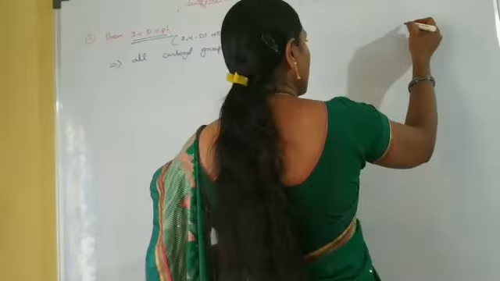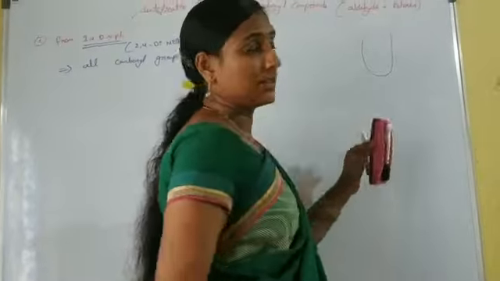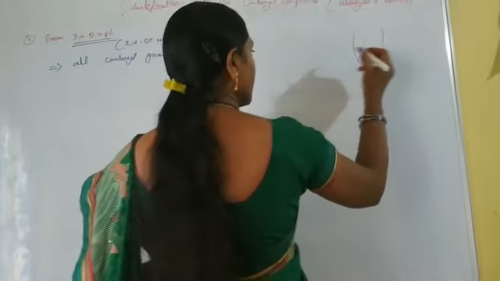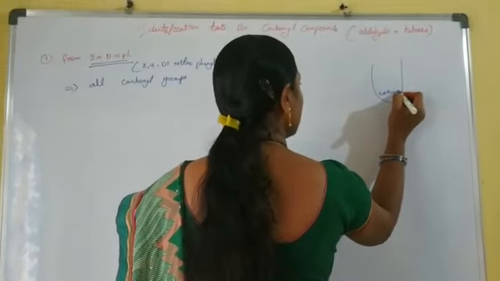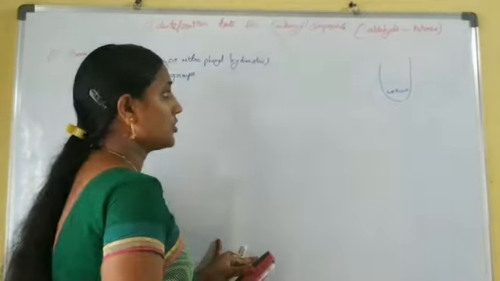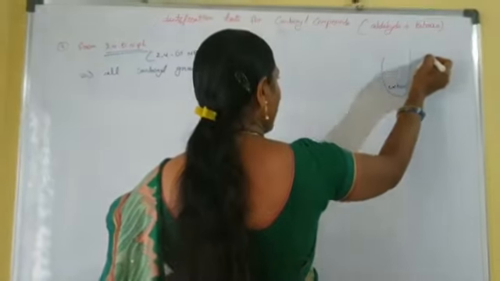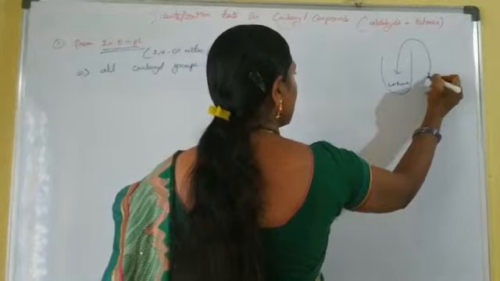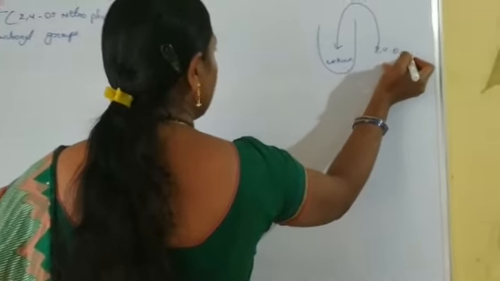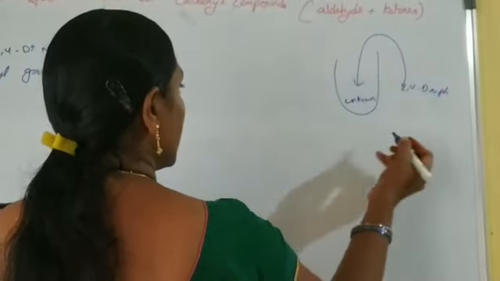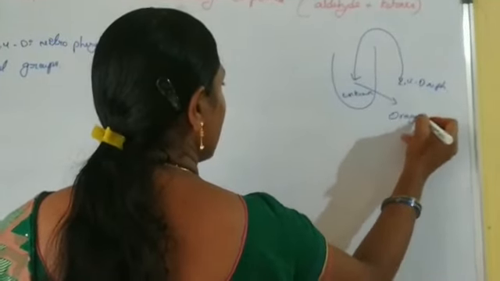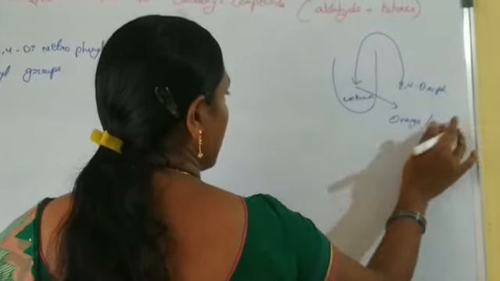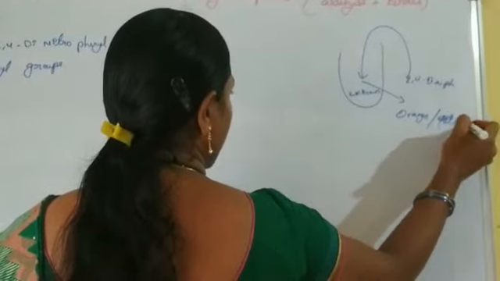Now, you take a test tube having an unknown solution. This unknown solution is treated with, that means adding, 2,4-DNPH, and we observe an orange or yellow precipitate.